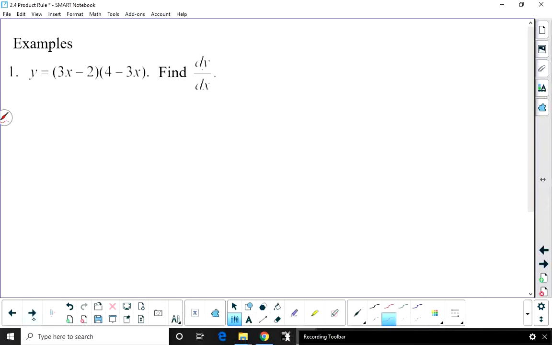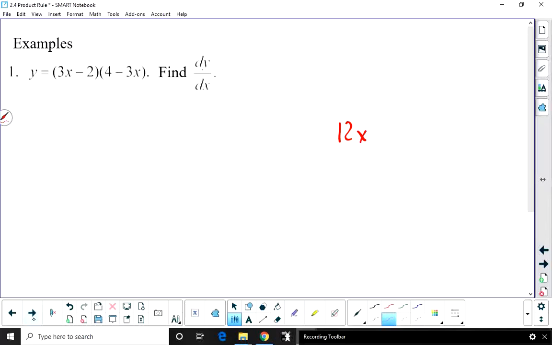So when I look at this thing in example 1, where we're asked to find the derivative of this function, which is a product, the first thing that pops into my head is FOIL the thing out, and then you don't have to use the product rule, right? And I'm going to do so off on the side. You can write this down if you want or not. If I FOIL it out, I get 12x.